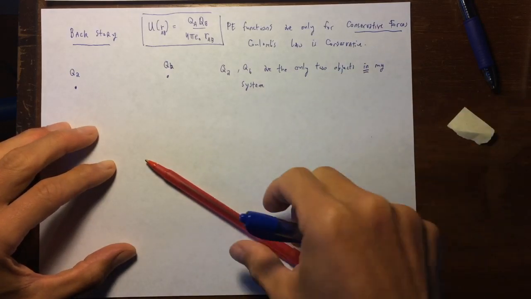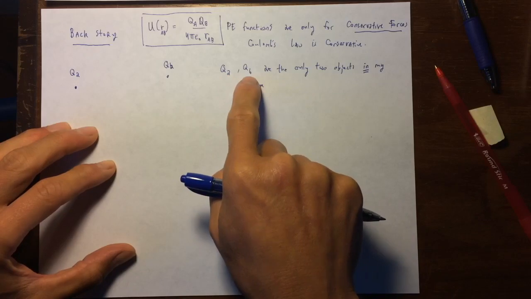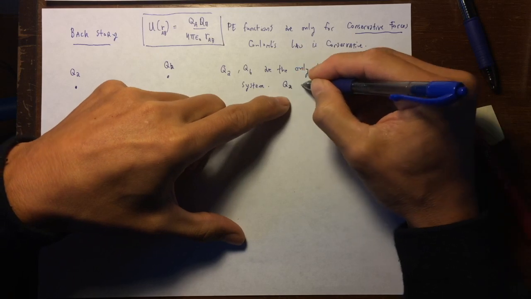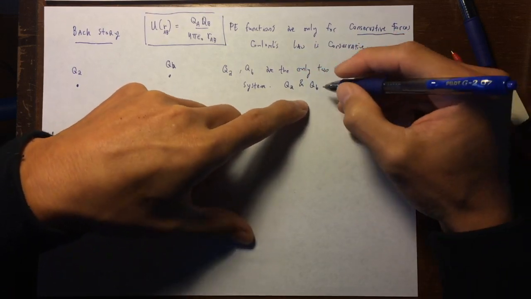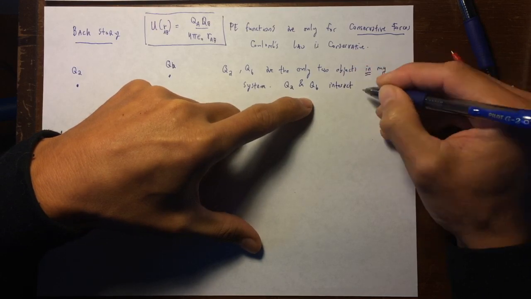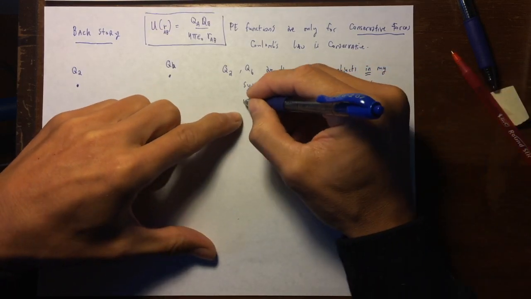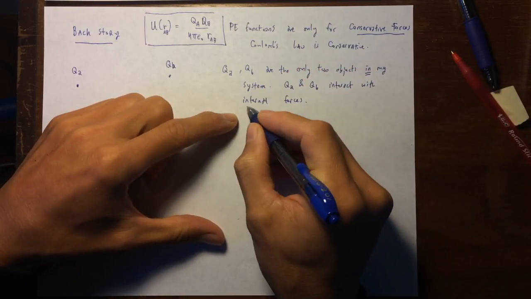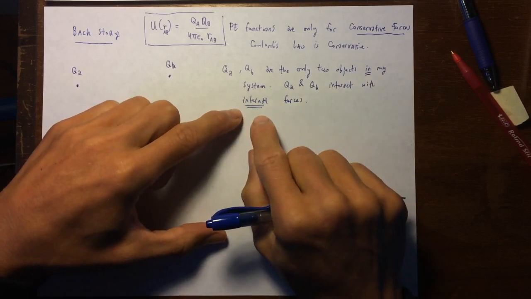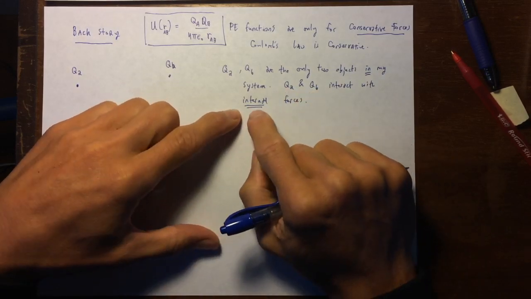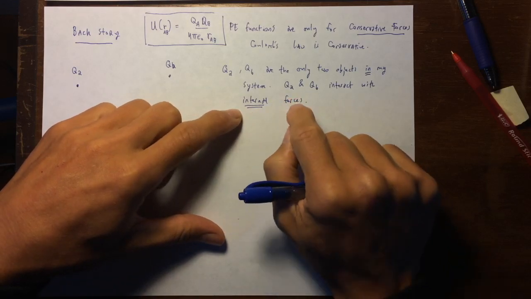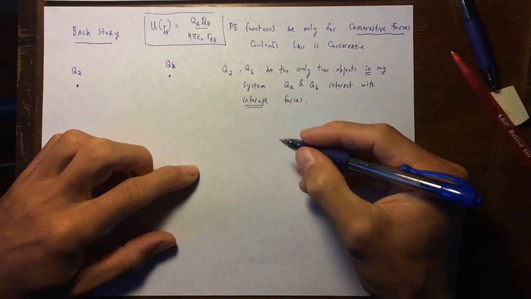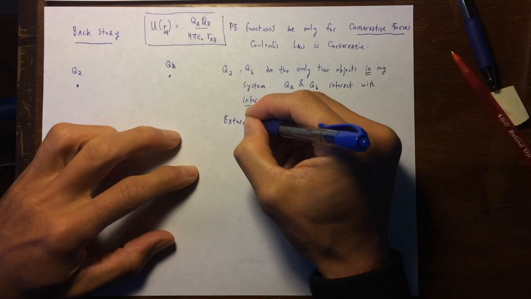So I'm going to keep them not in the list of objects in the system. QA and QB interact with internal forces, right? These are internal because they are between objects within the same system. So these forces are internal to this system that I'm describing. Let me describe some external forces.